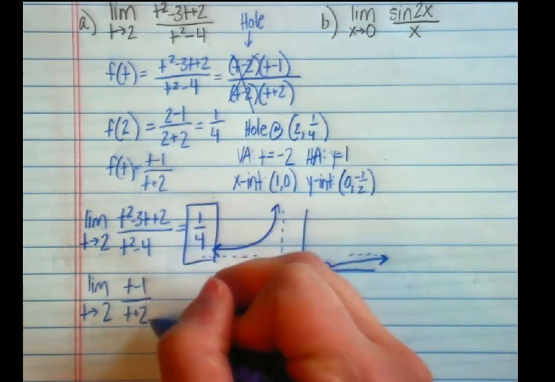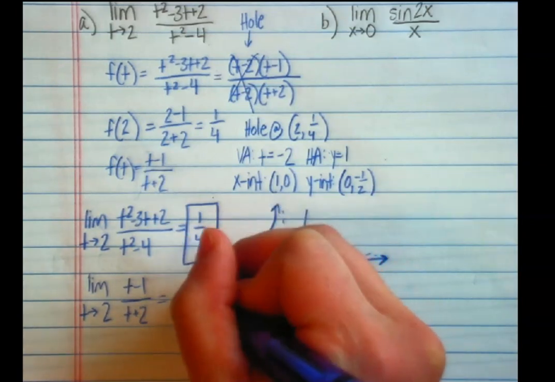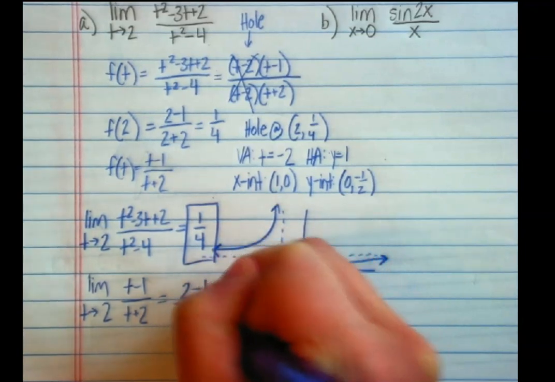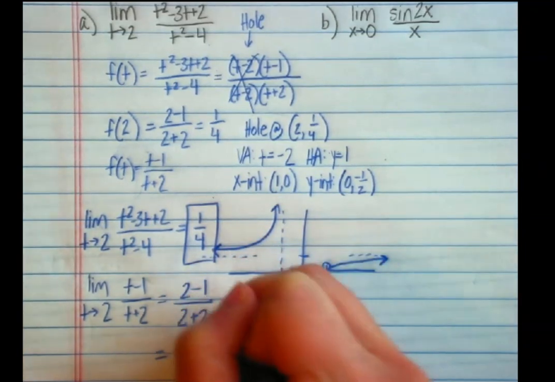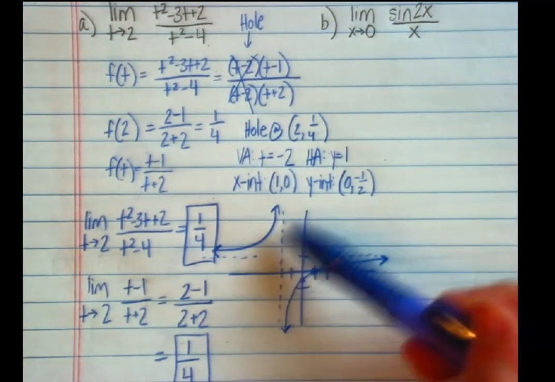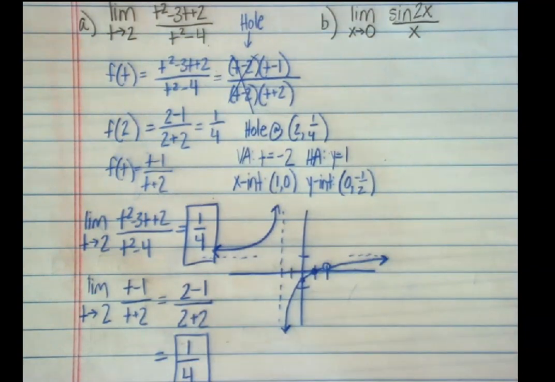Now I can substitute 2 in because I won't get 0 in the denominator, and this is still the same function, we've just simplified it. So this would equal 2 minus 1 divided by 2 plus 2, which again will give us 1/4. Right, so that's confirming it algebraically.